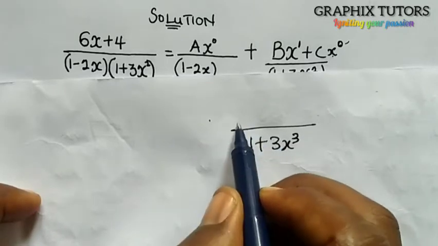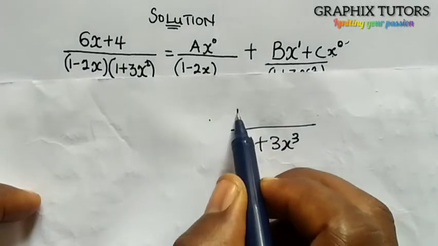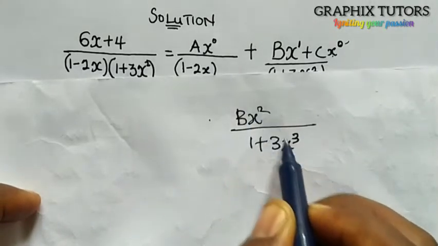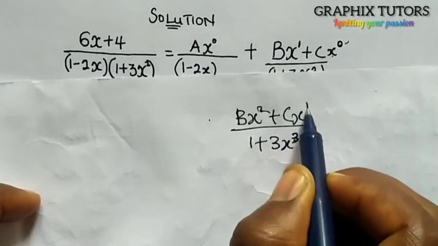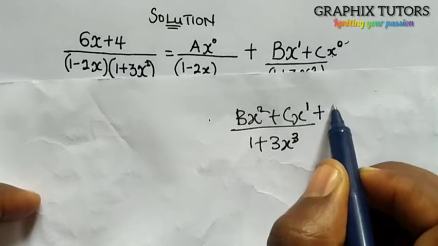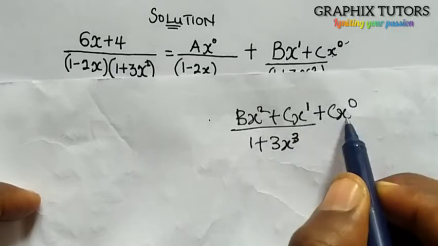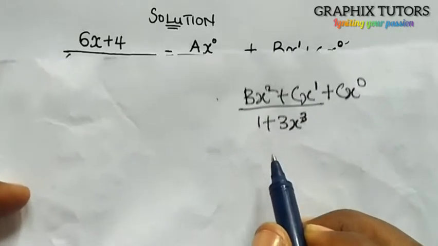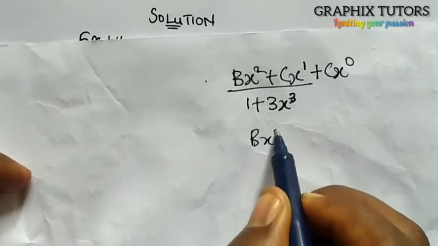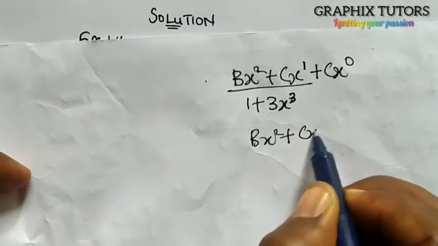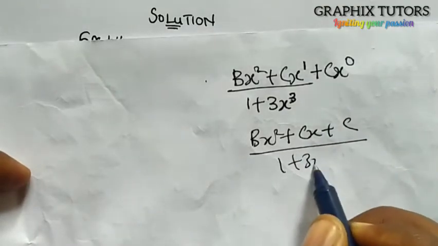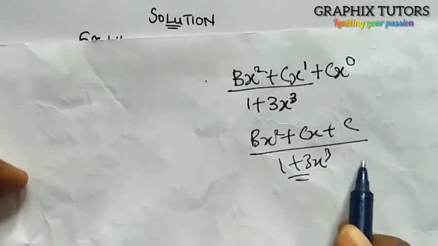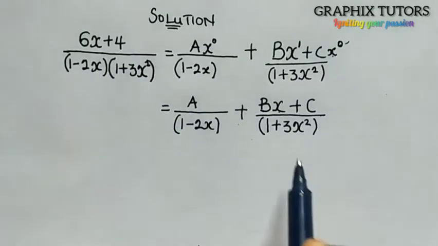It means that we'll be having Bx squared plus Cx plus x to the power 0, which is 1, times C, all over 1 plus 3x cubed. So that is one category that we use in solving this.